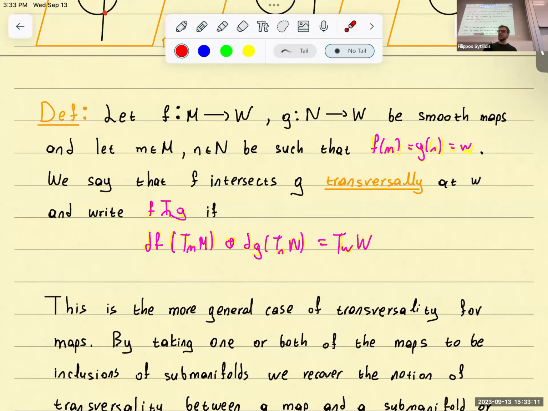And then vacuously, it would follow that if they don't intersect at all, then they intersect transversally. But you probably have to do a bit of extra data, like F and G intersect transversally at M and W, and then just say for all pairs such that. Yeah, that's cool.